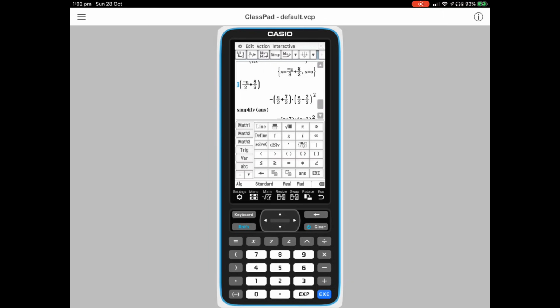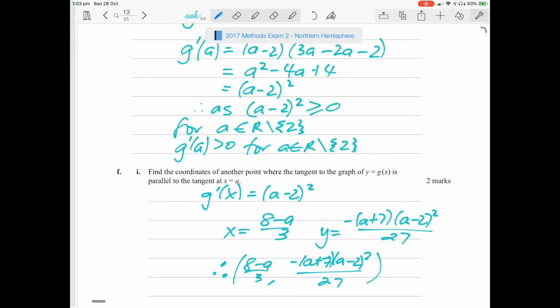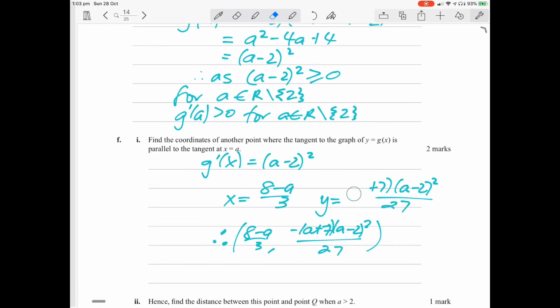I want g, not f. Did I call it f or g? G. That's better. Negative 4(a - 2) cubed on 27. Why did I think that was wrong?